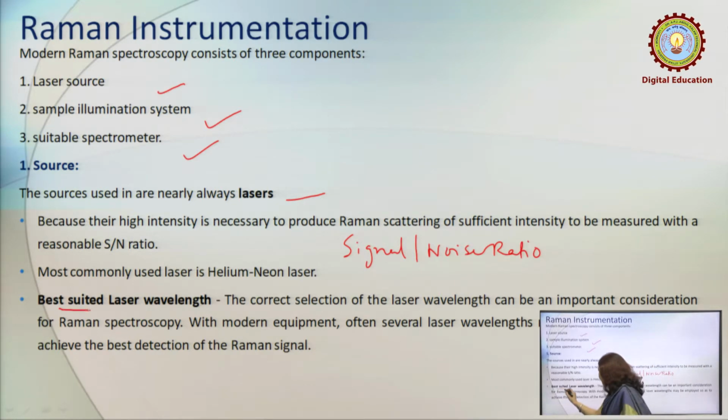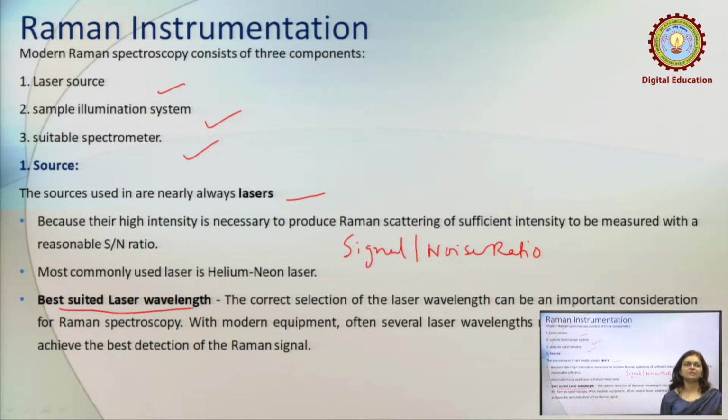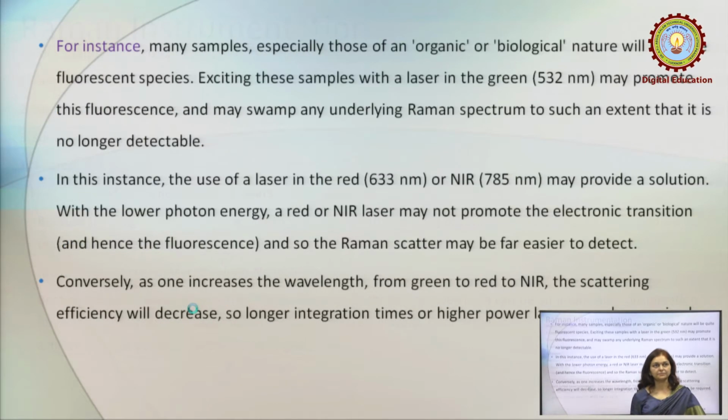The next part we have to know is which wavelength is suited. We have discussed the best suited laser wavelength. The correct selection of the laser wavelength is a very important part of Raman spectroscopy, because in modern equipment several laser wavelengths can be employed to achieve the best result of the Raman signal. For example, many samples, especially those of organic or biological nature, will be quite fluorescent species.